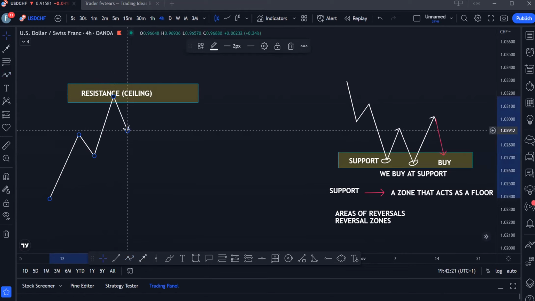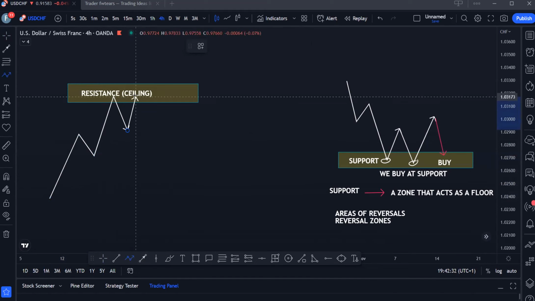Something is resisting the move. So this is your first cue. And then if you see another move into that point, and then you see another resistance, that means this resistance is now valid because you have two touches. So two touches in a support zone or resistance zone validates that support or resistance.